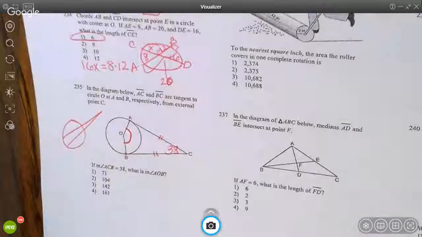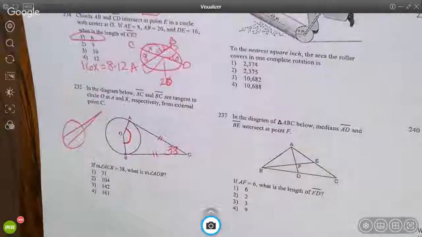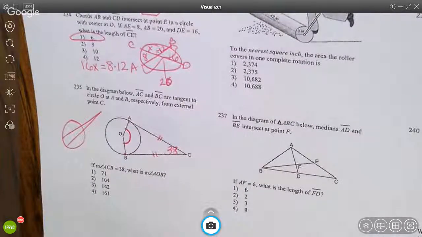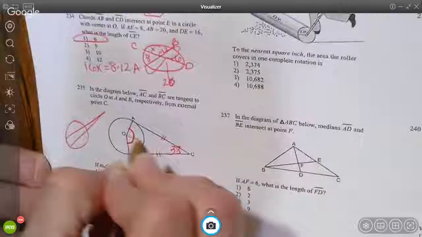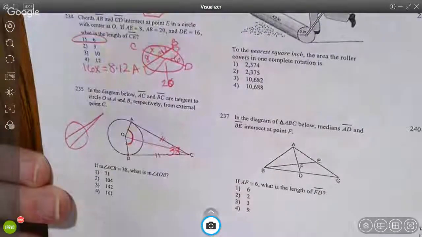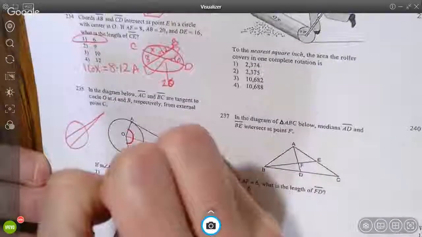And this one I am blanking on how to do. Isn't it part of something? Yeah, but it's an angle measure. Don't we need to do arc to angle to find the arc? This is what I think it is. I think if we draw this line, it splits it. So that means this is 19, this is 90.